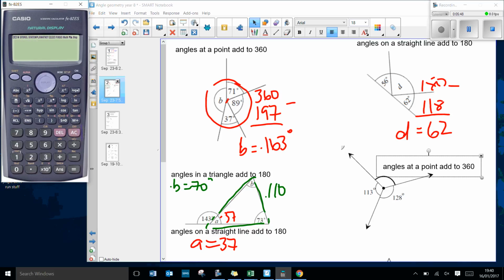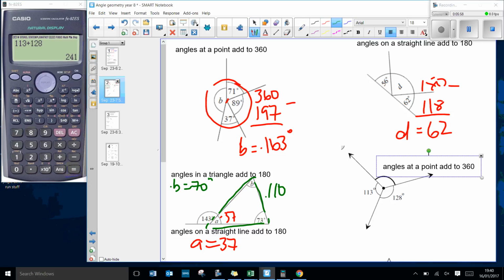So 113 plus 128 comes to 241. 360 subtract that gives the missing angle as 119.